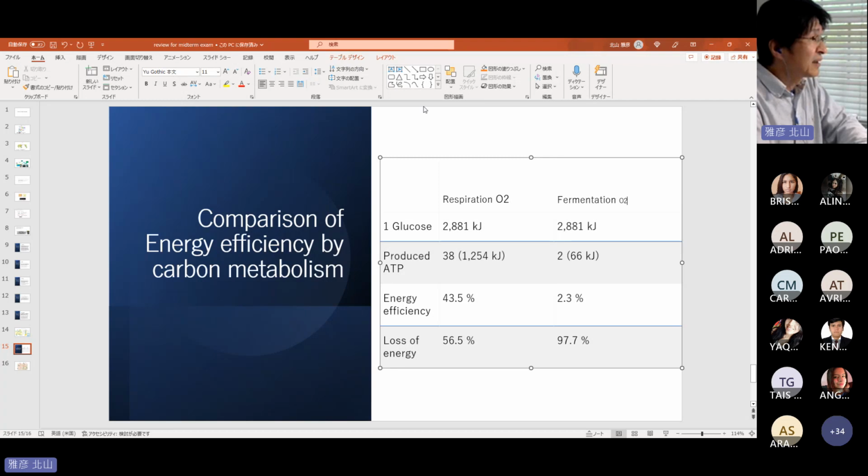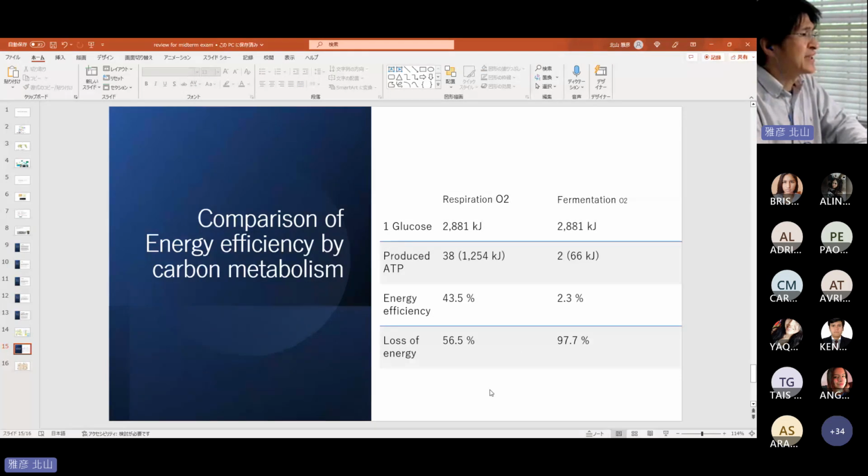So you can find that the energy efficiency to produce energy, for example by yeast, in the presence of oxygen, is much better than the efficiency of energy production in the absence of oxygen or under low oxygen conditions.